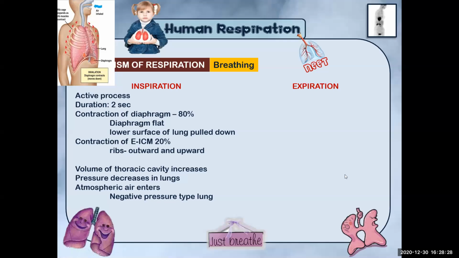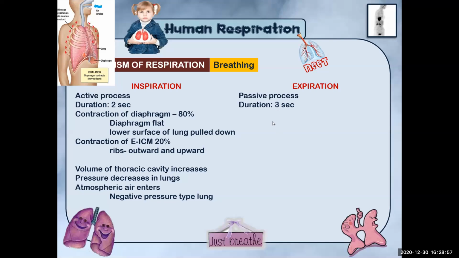They should contract or relax? Same logic, expiration will be an exactly opposite process, correct? Matlab expiration will be a passive process. We don't need energy. The duration of relaxation is going to be more than duration of contraction. So expiration actually is longer than inspiration.